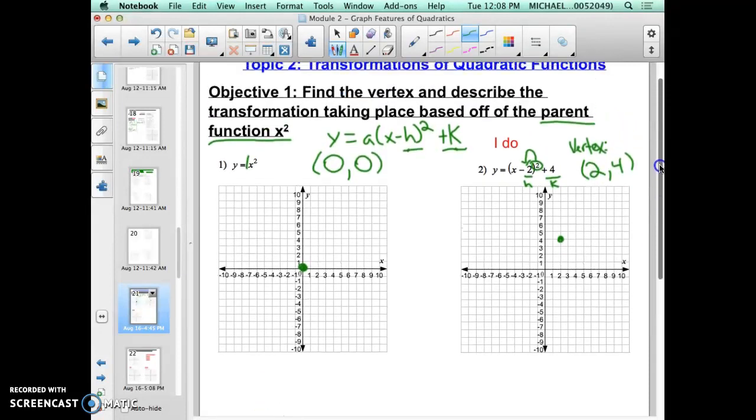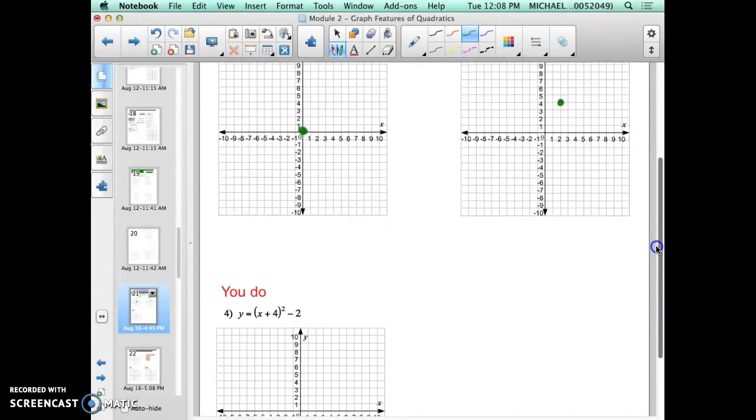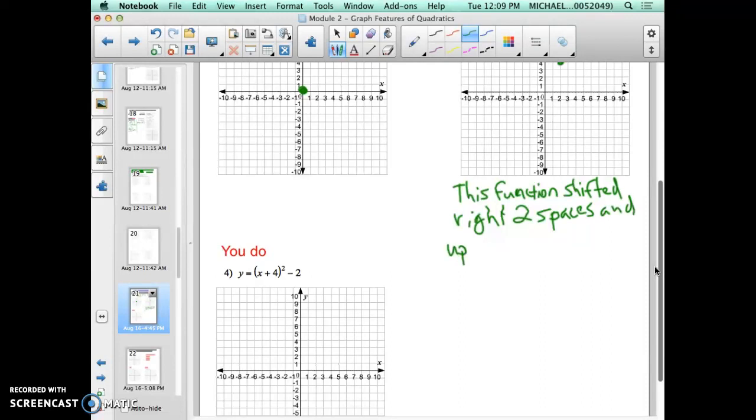To describe the transformation taking place based off the vertex, I'm just going to write: this function shifted right 2 spaces and up 4 spaces.